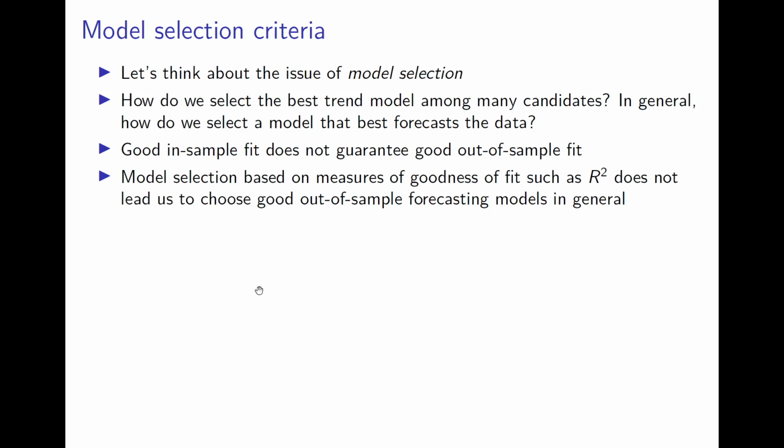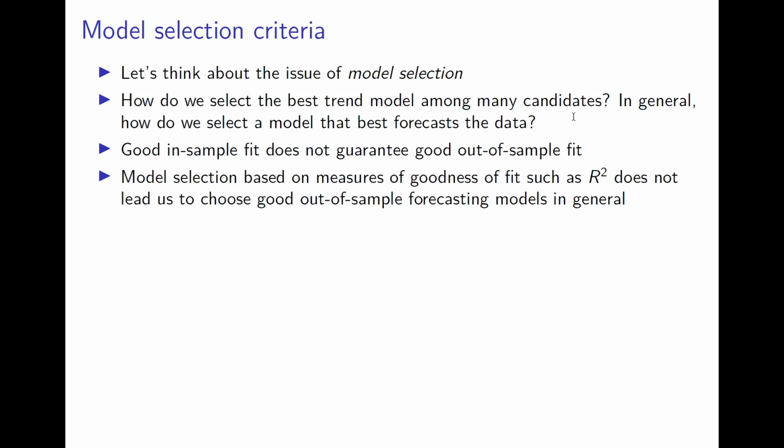But comparing the linear trend and the quadratic trend for these two models raises a couple of sticky issues. When we talk about model selection, how do you select the best trend among many candidates? Is the linear trend or the quadratic trend going to be better in this context?